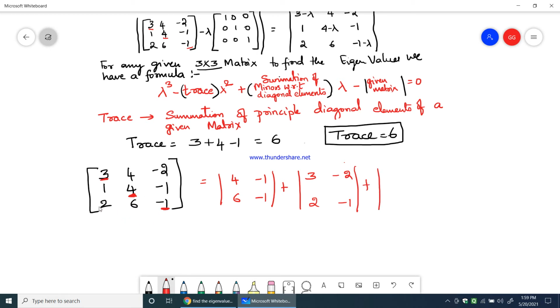Leave that row and that column, and you are left with these 4 elements, which are 3, 4, 1, 4.